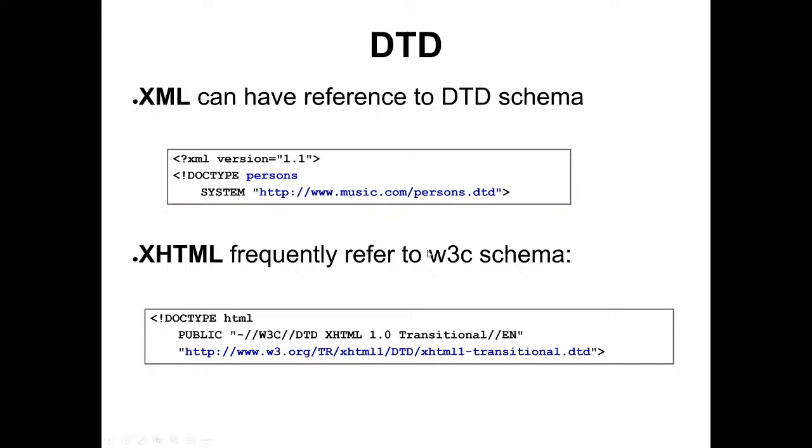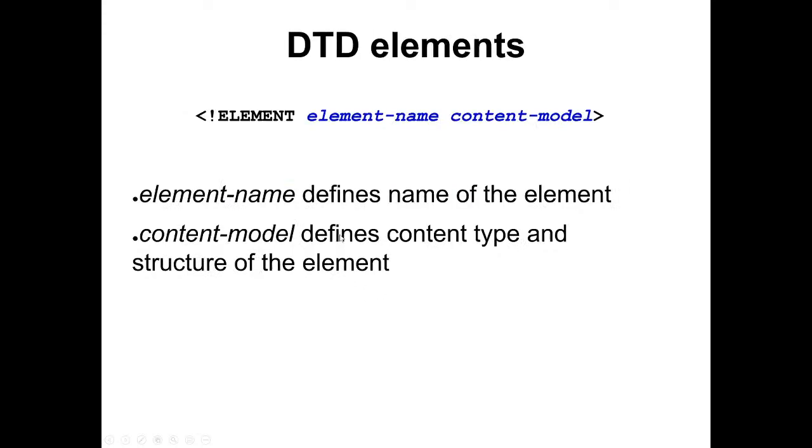And XHTML frequently referred to a W3C schema, like this. DTD elements: there are elements defined in DTD, like the model, the car, and some other elements.